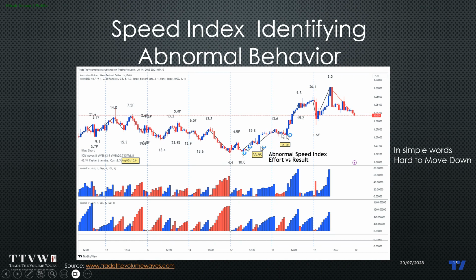Second down wave with another extreme speed index. Again, that's effort versus result, and it was buying on the way down. In simple words, this effort versus result, I call it, in these two specific cases, hard to move down.